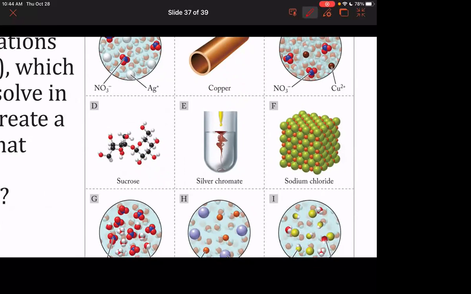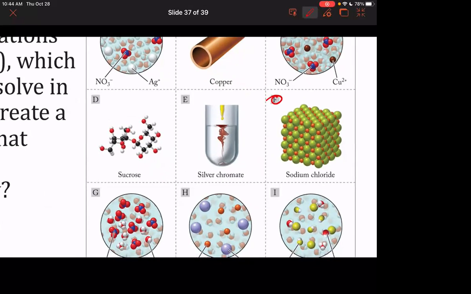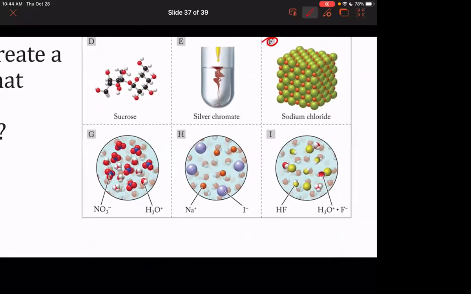F, of course. G, that's a strong acid, so completely ionized, showing you the ions. Sodium iodide, yes, that's a nice soluble salt. HF.